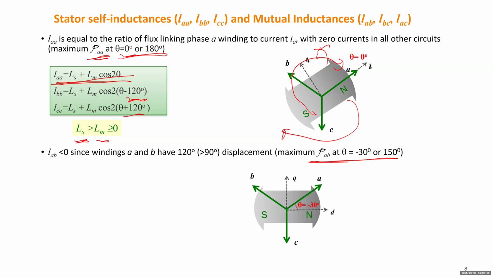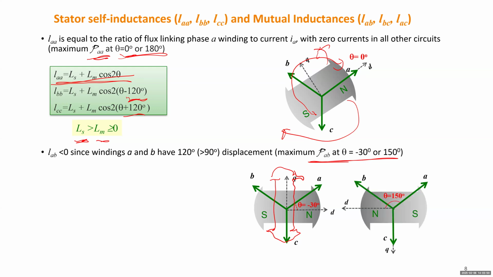If I still assume A, B, C pointing to those three directions, when the D axis is lagging A by 30 degrees, that gives you the smallest air gap for the flux linkage paths connecting A and B. If the rotor is right at that position, the permeance will reach the maximum. When theta equals either negative 30 degrees or positive 150 degrees, the permeance will reach the maximum value.